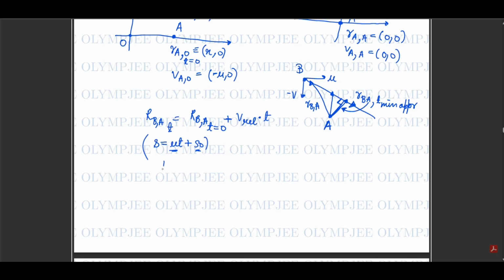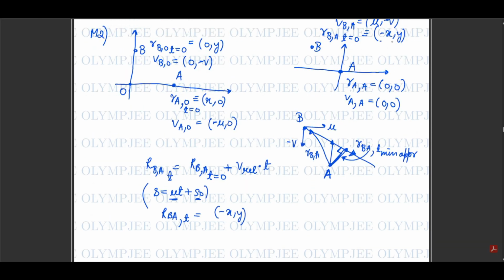So I can write this as minus x, y, since we checked that R_BA at t is equal to 0 is minus x, y, and v_rel is equal to u, minus v times t. So this will become minus x plus ut, y minus vt.